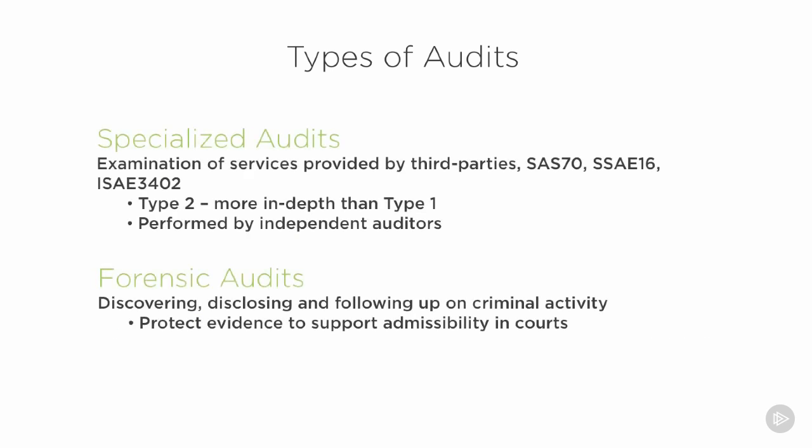In some cases, we will be required to do a specialized audit. A specialized audit is often done by a third party. When I have a supply chain dependency, and I have an organization such as a cloud provider who's providing the hosting of my data and applications, I want to ensure that that cloud provider is following good information security practices.